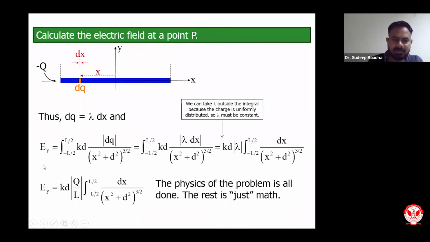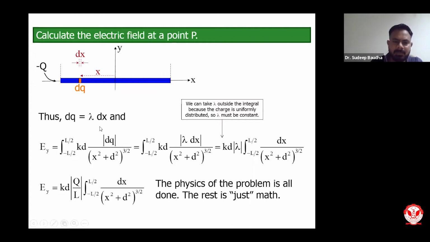So we have this Ey was equivalent to the integral from minus L by 2 to L by 2 of kd dq upon this. This derivation we have done. So what we will do, we will try to integrate it with respect to x from minus L by 2 to L by 2 for finding out the entire amount of electric field generated by this particular rod.